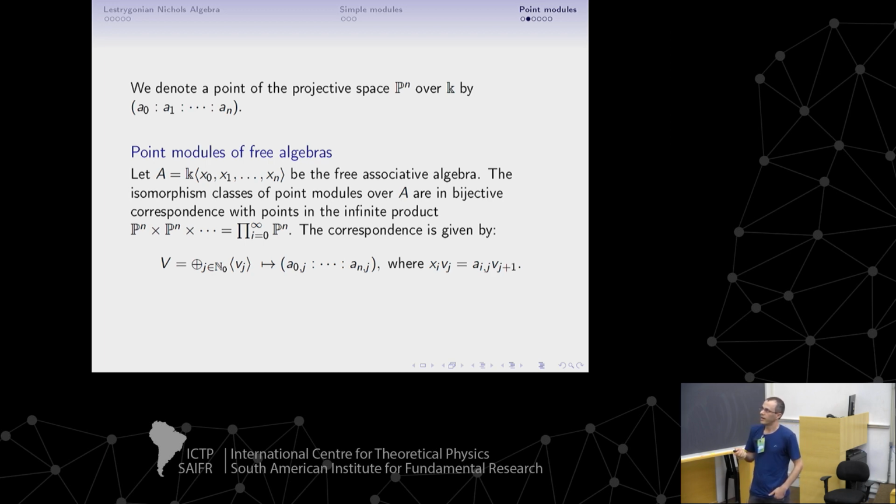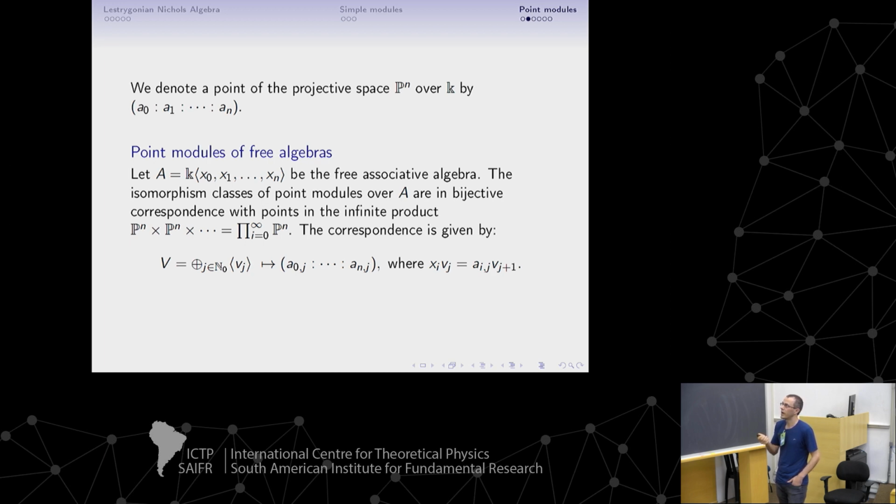If you take a point module over this algebra, we associate this element in Pn, because xi in general is an element of degree 1.